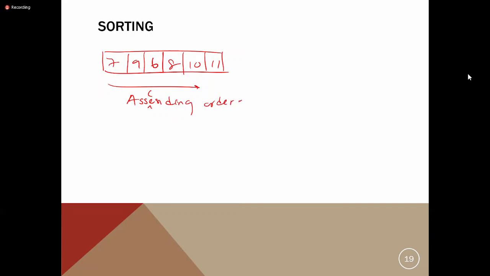Then we need to rearrange these numbers, right? So that is what we call sorting. We sort this array, and the output of the sorting becomes the sorted array, which is in ascending order.